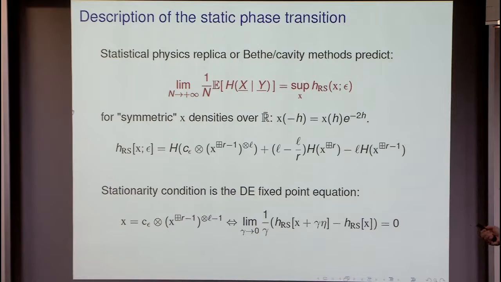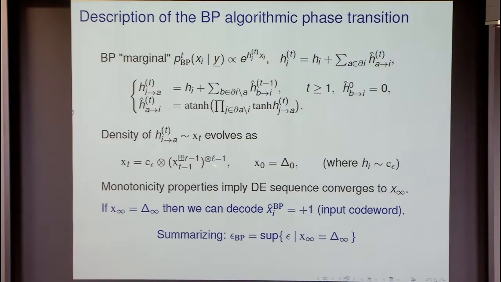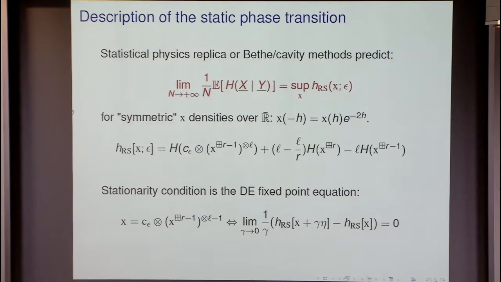So this description is based on this replica symmetric prediction of statistical physics. This replica symmetric method allows us to compute this functional here. And this functional can be written exactly in terms of these convolution operations that act on densities. So the circle convolution is the usual convolution.